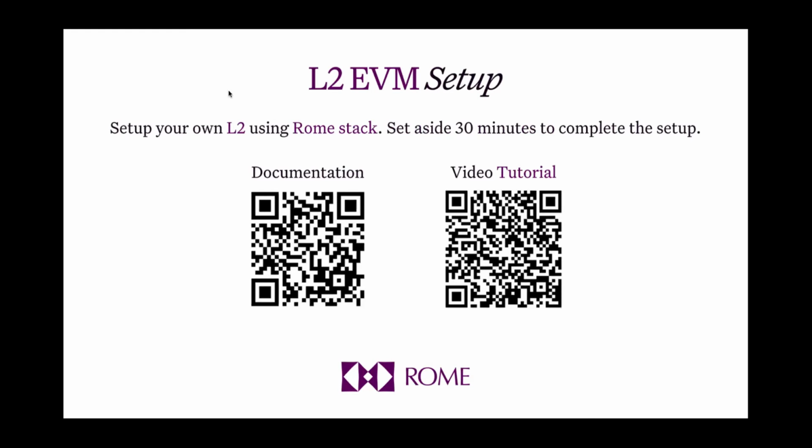I will type it in the chat. Yep, I put it in the chat. Here you will find all the important links of Rome, and here you will get our testnet app where you can register your L2 and create an L2 in just 15 minutes.